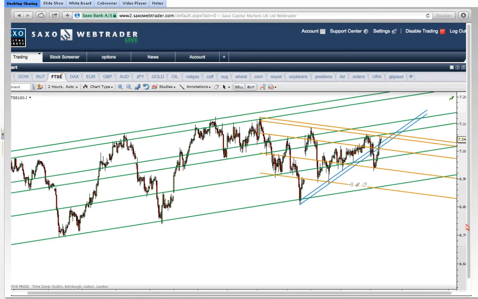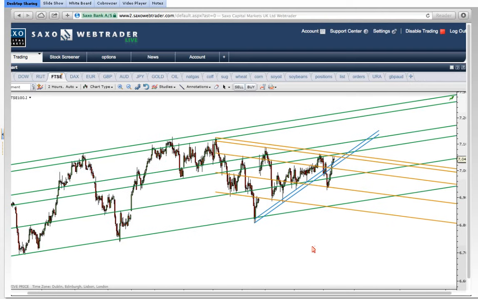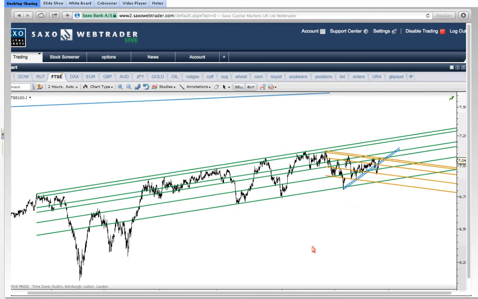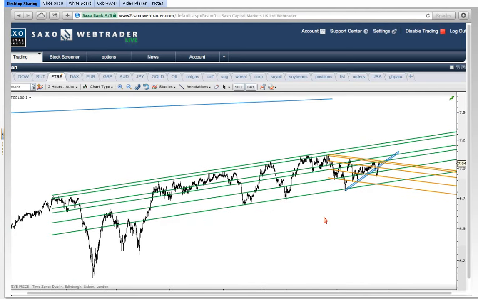So this is the FTSE channel, the green one. It's not a channel, to be honest, because of all this action here, but it explains why it is so choppy. It's very similar to S&P, Dow, all this choppy market, because they are going through this very slow grinding upward move.